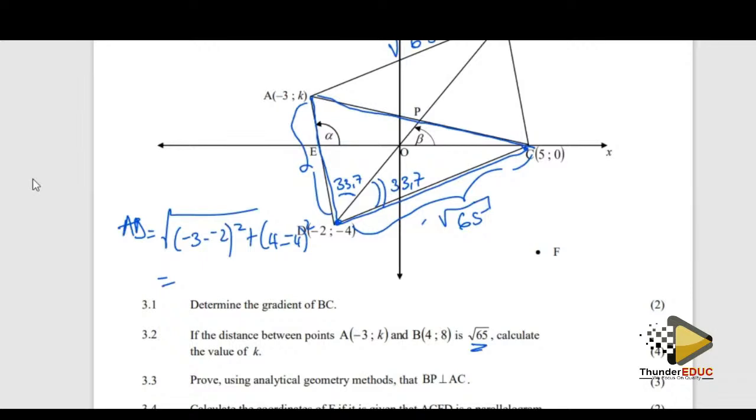I'm getting also root 65. Does that make sense though? 3 minus, which is a 1, that is 8. Getting root 65, I don't know if that's going to make sense. Or is what I don't want to use that other angle.